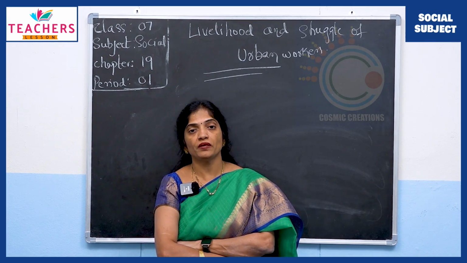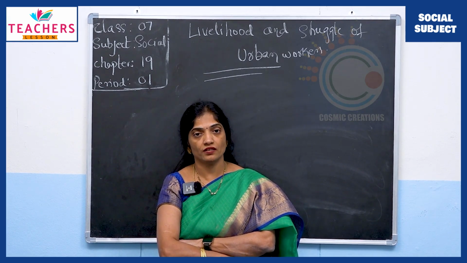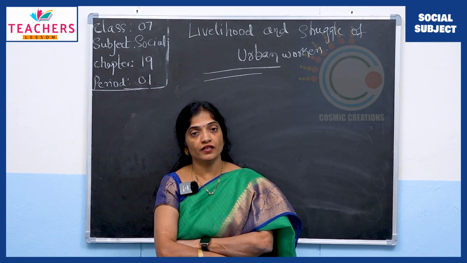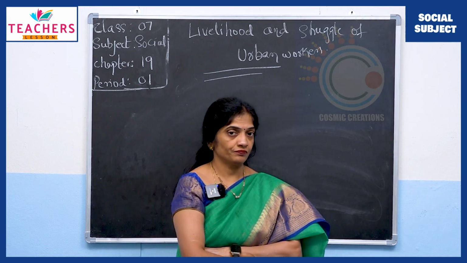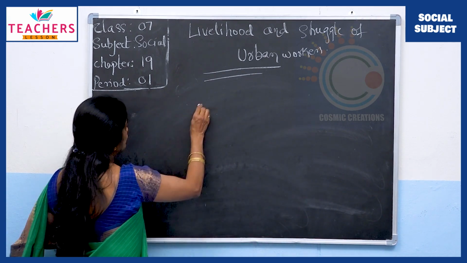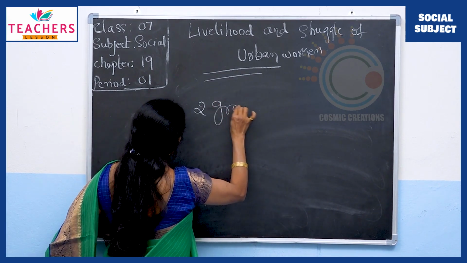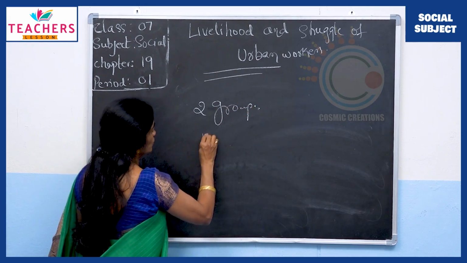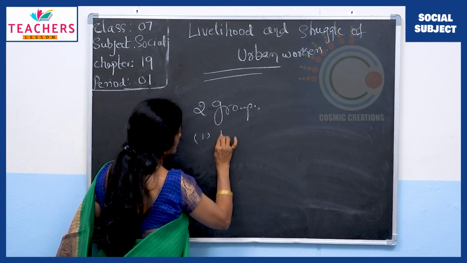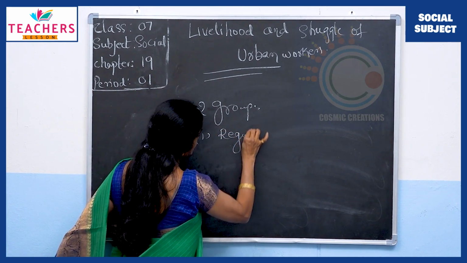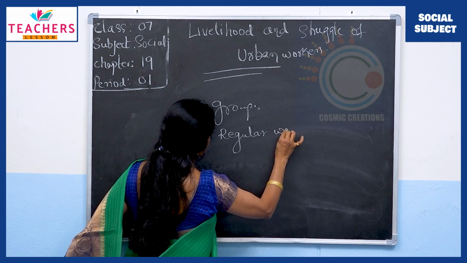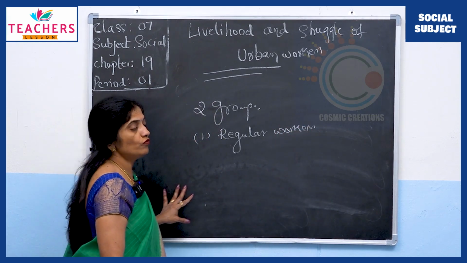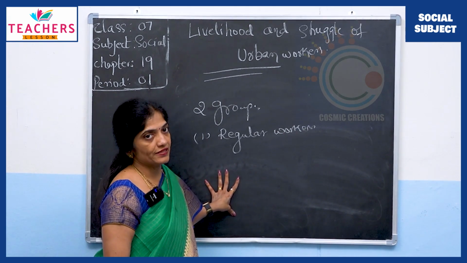So the people who are working in certain areas, these workers are divided into two groups. Workers are divided into how many groups? Two groups. What are those two groups? One is regular workers, who will be appointed on a daily basis.